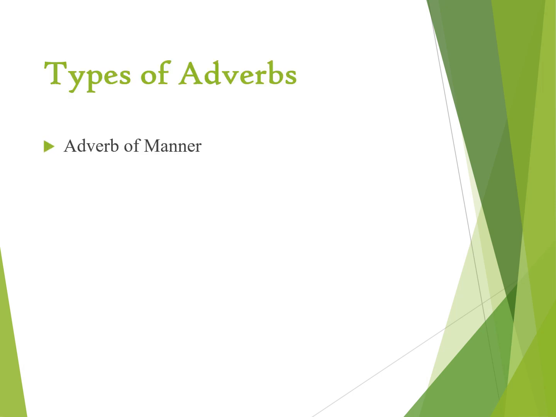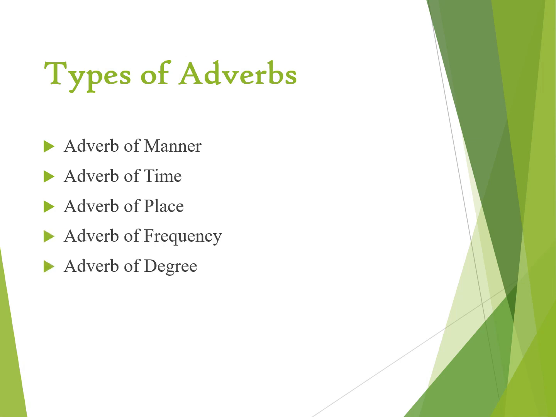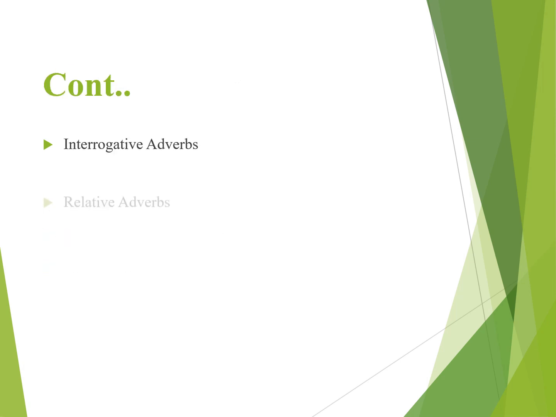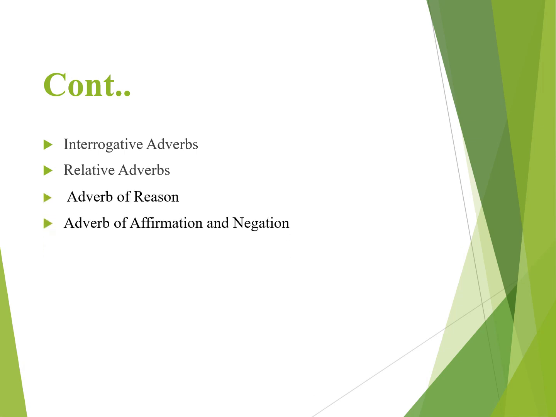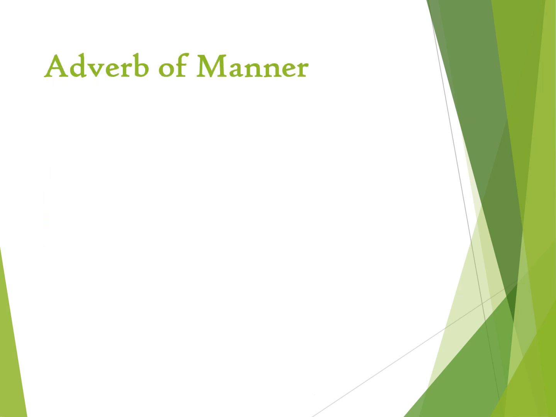Types of adverbs: adverb of manner, adverb of time, adverb of place, frequency, degree, interrogative adverbs, relative adverbs, adverb of reason, adverb of affirmation and negation. Adverb of manner describes how an action happens.